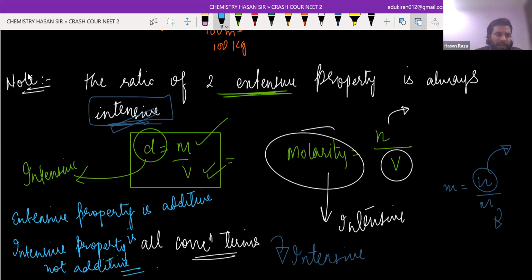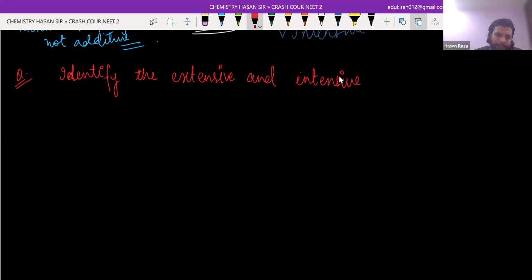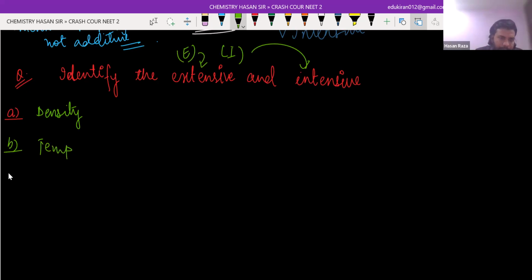Now I'm going to give some questions and then I'll wrap it up. You just need to identify the extensive and intensive properties. You don't need to write the full word, just write in brackets whether it is I or E. I'm writing all these names as I already explained, and it will be on one page, which will be very beneficial for you. That's why I'm writing all the concentration terms.